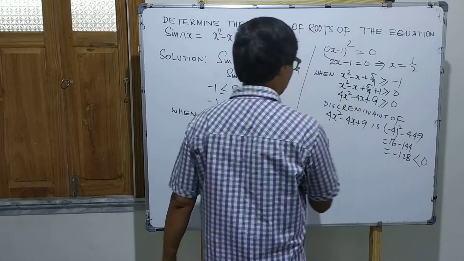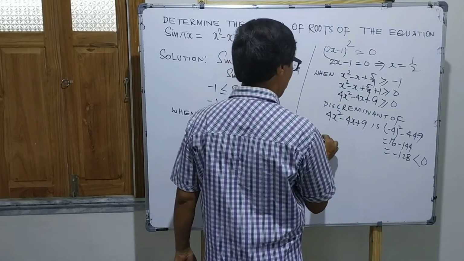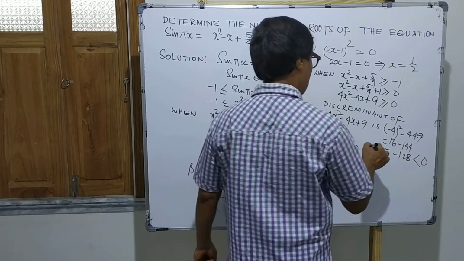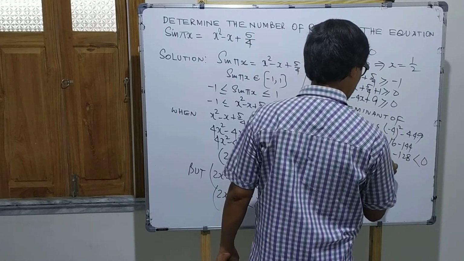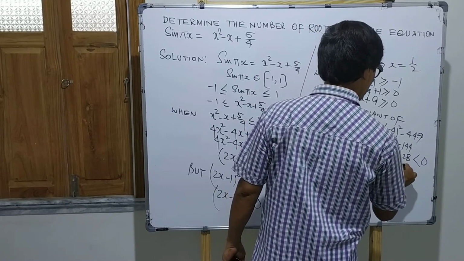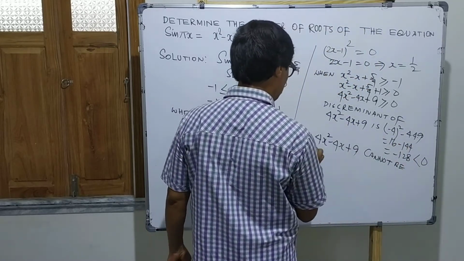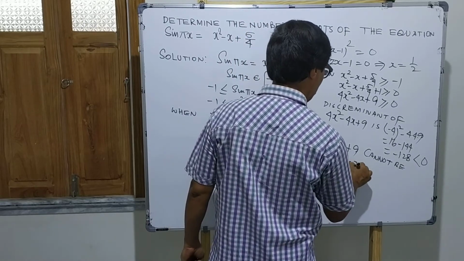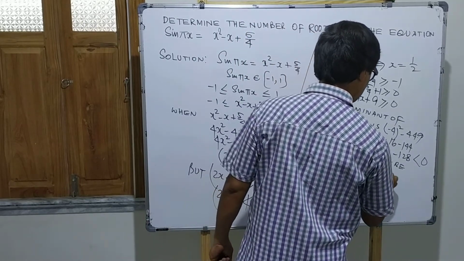So 4x square minus 4x plus 9 cannot be reduced into real factors.